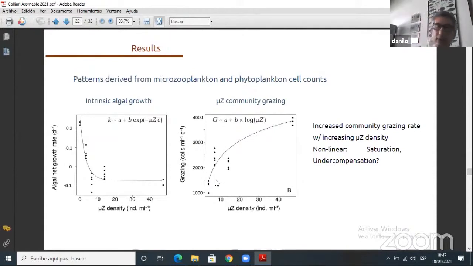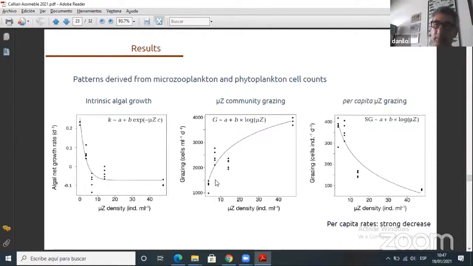We didn't arrive at the asymptote, we didn't see the maximum grazing rate, but the signal is clear. And finally, the per capita grazing rate clearly decreases rather strongly with increasing microzooplankton density.